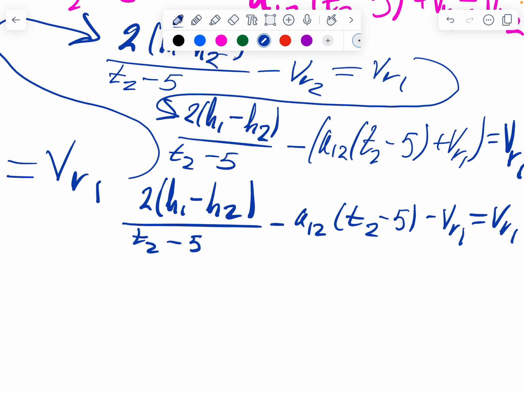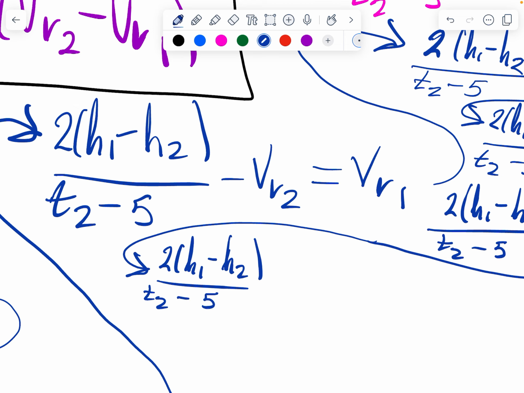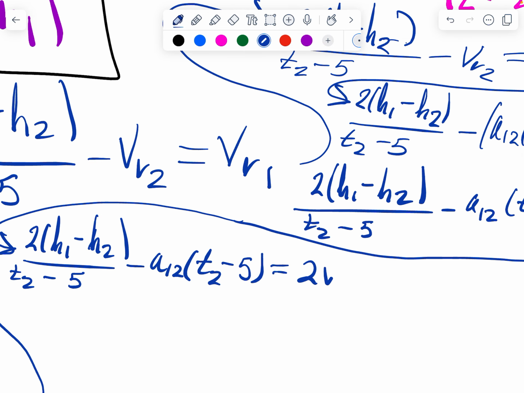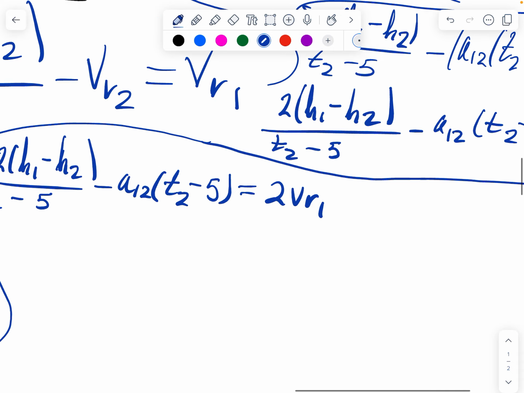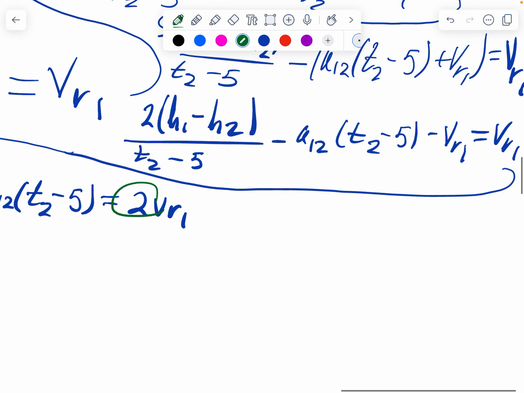So I have 2H1 minus H2 over T2 minus 5 minus A12 times T2 minus 5, which equals 2 VR1, because all we're doing is adding VR1 to the right side. But look, we got a 2 right here and a 2 right here. That means we're going to divide by 2.